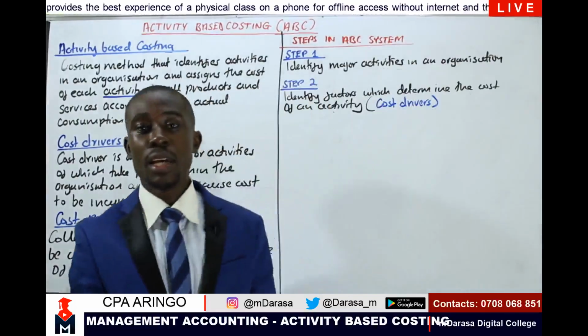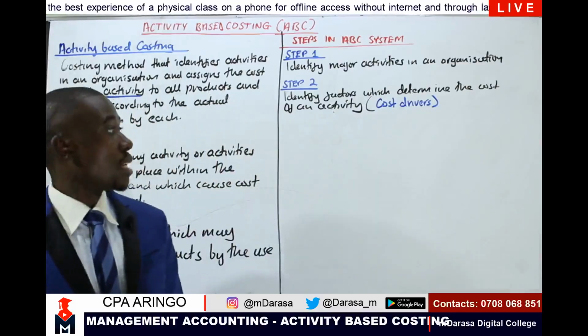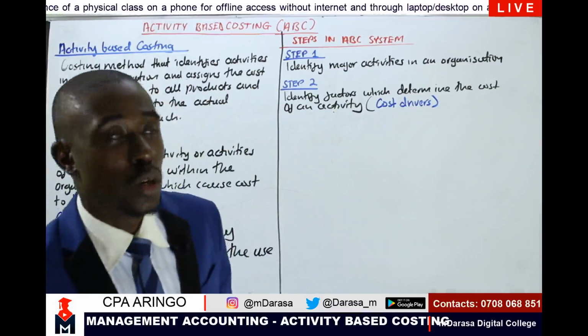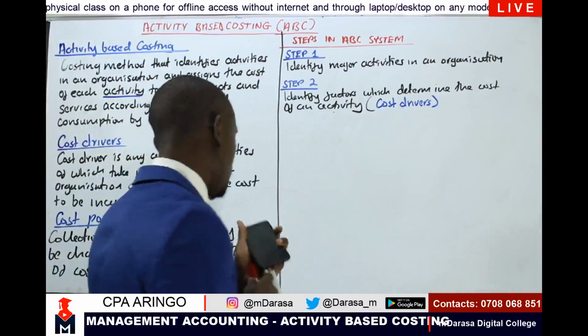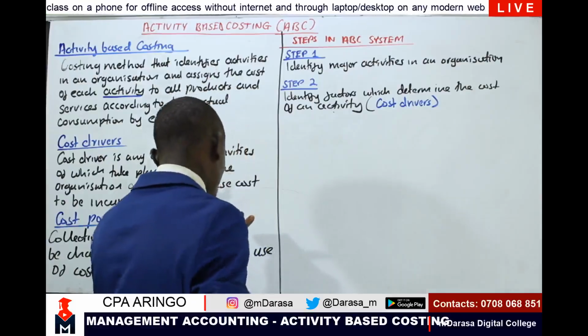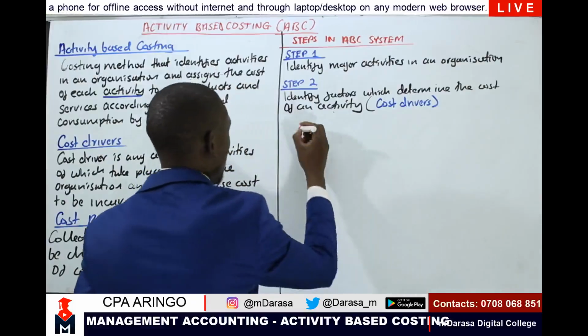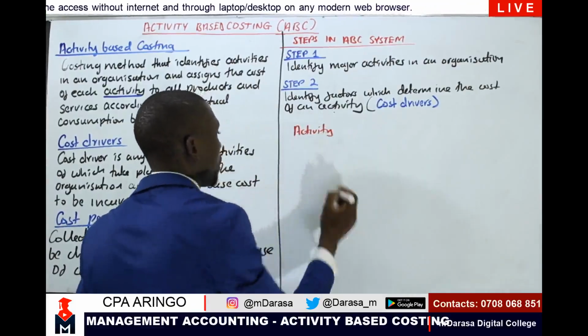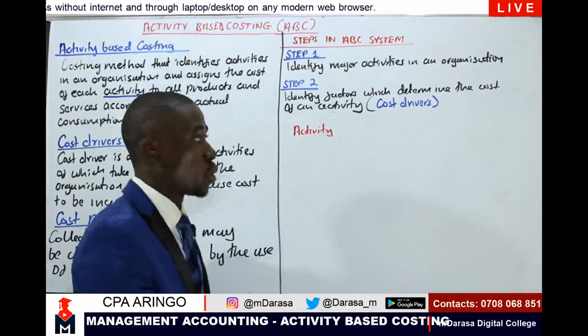A very key step. In identifying the cost drivers, we normally look at examples. Assuming I'm having an activity, what will be the possible cost drivers?